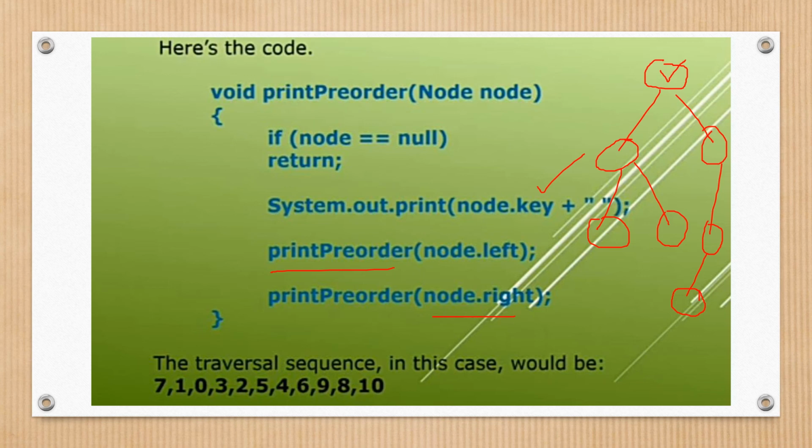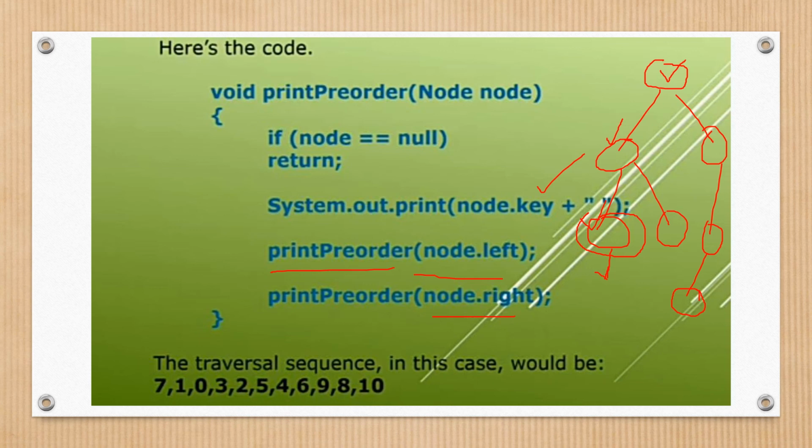For this left node, we will print this, and again go to node.left. We will print this. For this, there is no child, so if node equal to null, then return.